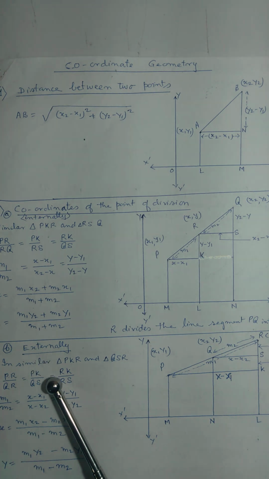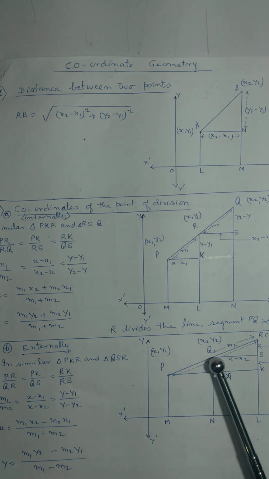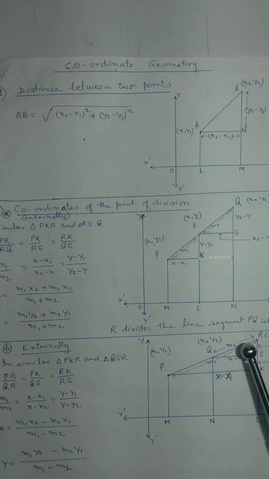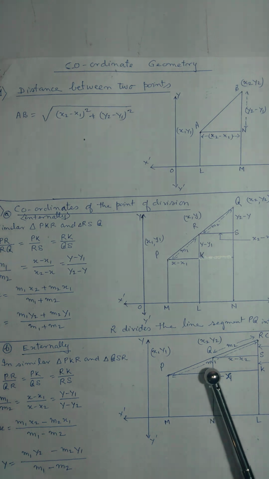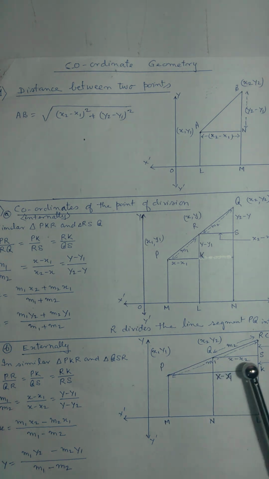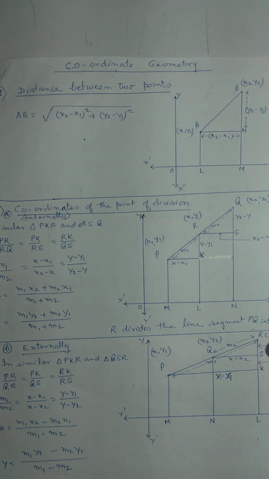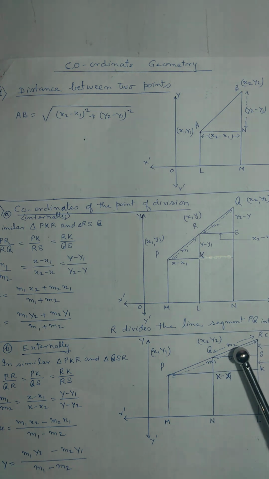Now externally, in similar triangles, here you see P and Q are the 2 points. There is a point outside of this line segment, that is R, and its coordinate is x, y. The coordinates of P and Q are known, that is x1 y1 and x2 y2. We have to find out the coordinate of R, which divides externally the line segment PQ in the ratio of m1 to m2.